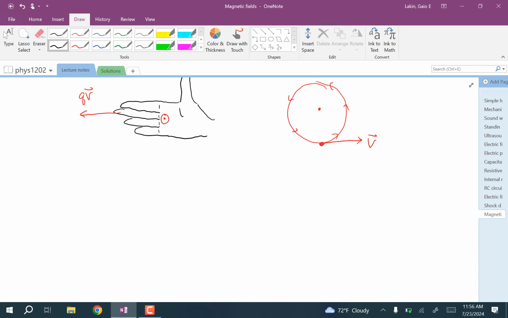Now, another application of the force on a charged particle applied by a magnetic field is the force that's applied to a current-carrying wire.